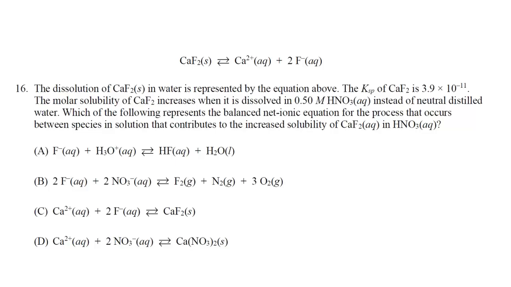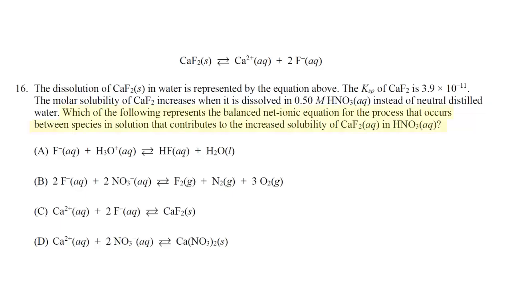The molar solubility of calcium fluoride increases when it is dissolved in 0.50 molar HNO3, which is nitric acid, a strong acid, instead of neutral distilled water. So the molar solubility of calcium fluoride increases in the presence of an acid as compared to neutral distilled water.